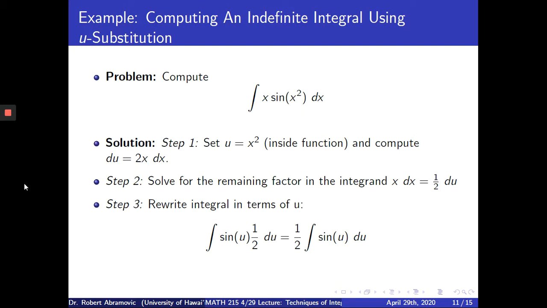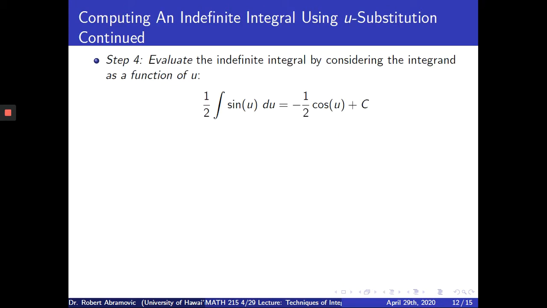Next step is to rewrite the integral in terms of u. Sine of u times 1/2 du is equal to 1/2 times the integral of sine of u du. That's just from pulling out the 1/2 from the indefinite integral.